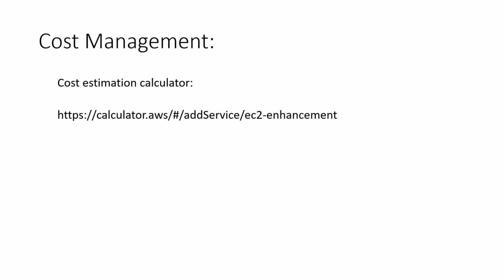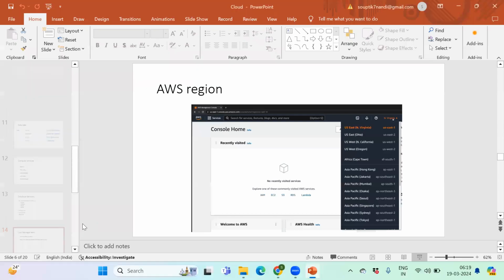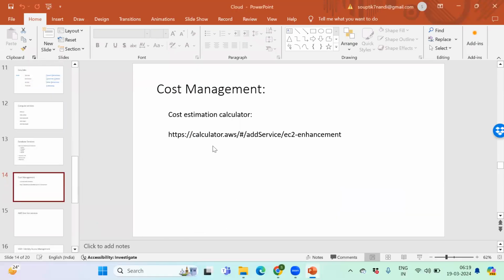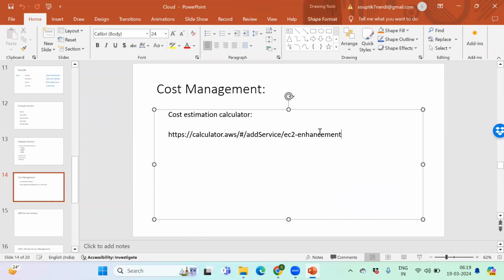So this is a very important part: cost management. Before launching any component, we need to check the component's pricing structure. Otherwise, suppose I launch a heavy component and I have no idea how much I need to pay.